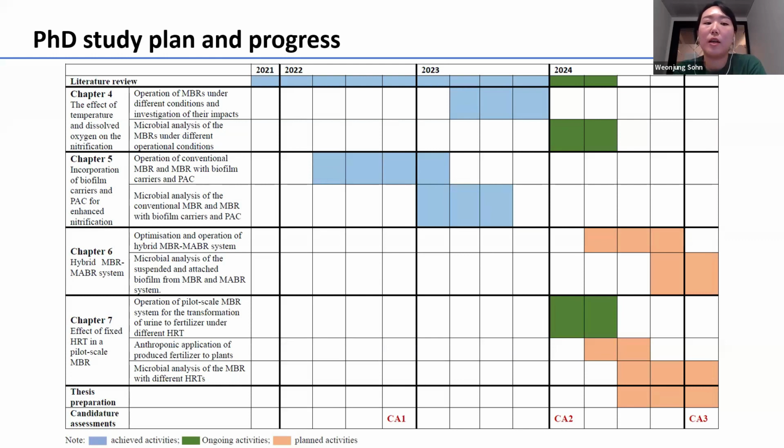But after that, I'll continuously just operate this pilot system, and at the same time, I'll do the chapter 6 MABR study. I'm not going to finish this pilot system, because once I started, I want to keep the sludge, and the pilot system is very important for our whole project. That's right. Okay, yeah.